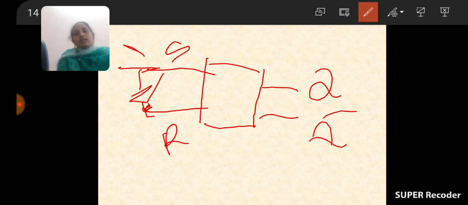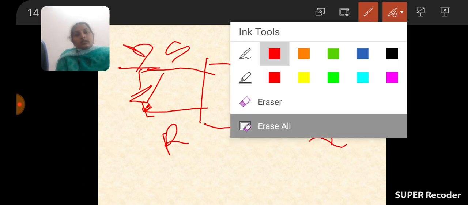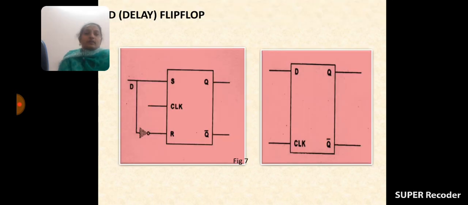So the input is called D. The D flip-flop is also made from the SR flip-flop, by connecting both S and R inputs together, putting one inverter in between S and R.